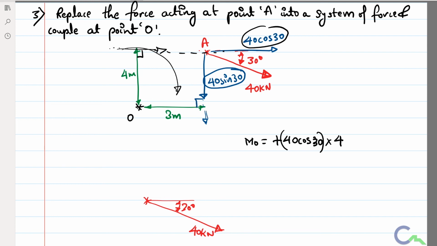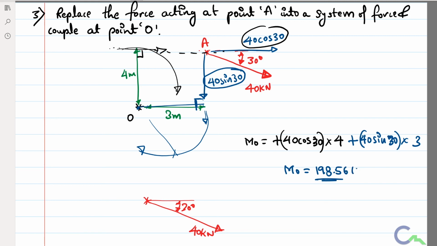If I apply that force, it is going to rotate again in the clockwise direction. This is the center, this will be the radius. So it is going to rotate clockwise. Therefore plus 40 sin 30 into the perpendicular distance of 3 meter. If I do the calculation, I will get the moment MO equal to 198.56 kilonewton meter.